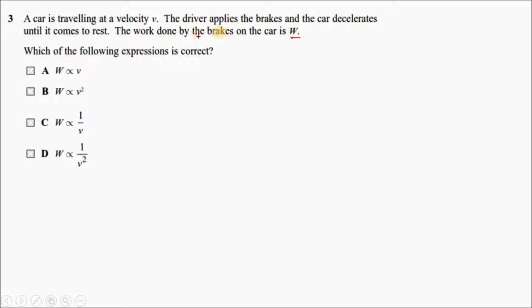Remember, when the driver applies the brake and the car already had some velocity v, the brake does work against the energy. So the work done by the brakes is equal to the kinetic energy. There's nothing to do with the masses, it is all a relation between the work done and the velocities.